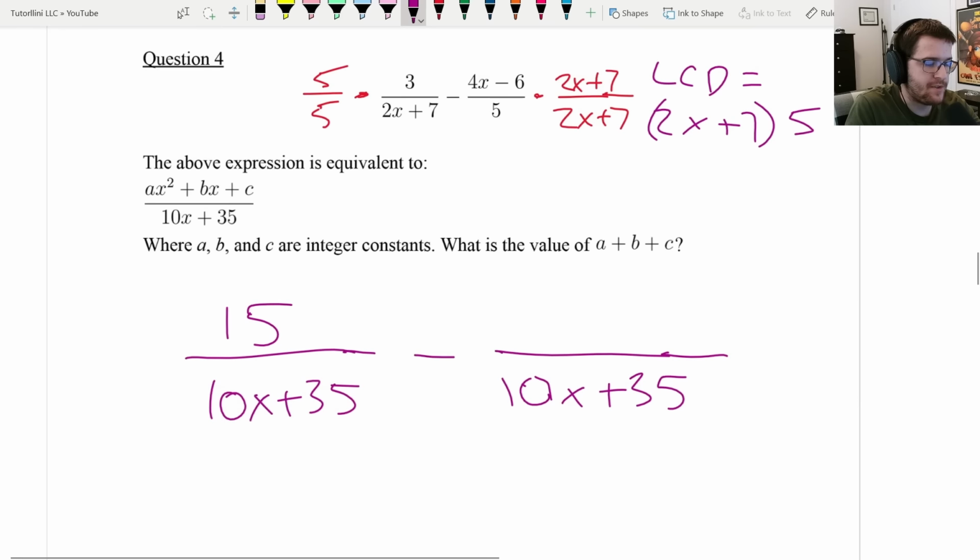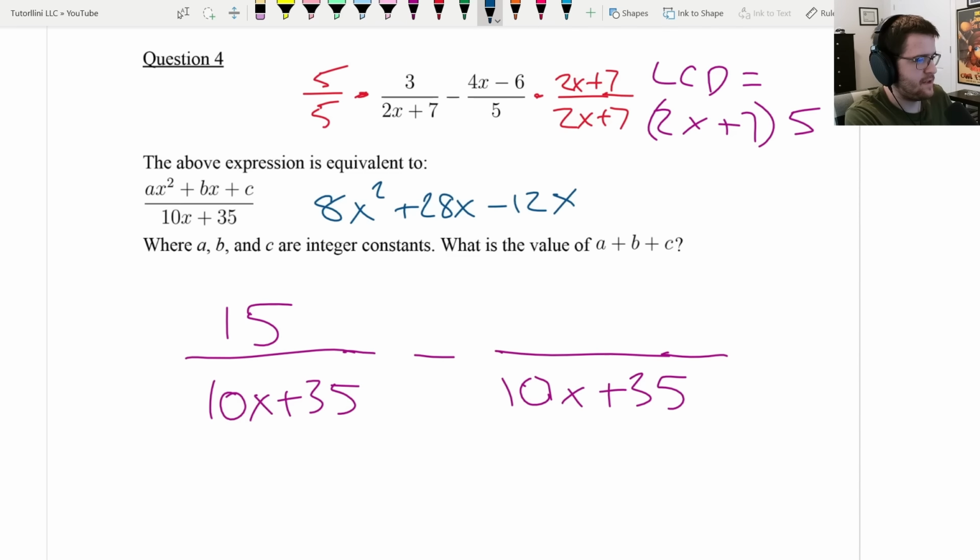Why don't I do that off to the side up here. First, 4x times 2x, that's 8x squared. Outer, 4x times 7, that's 28x. Inner, negative 6 times 2x, minus 12x. Negative 6 times 7, that's negative 42.